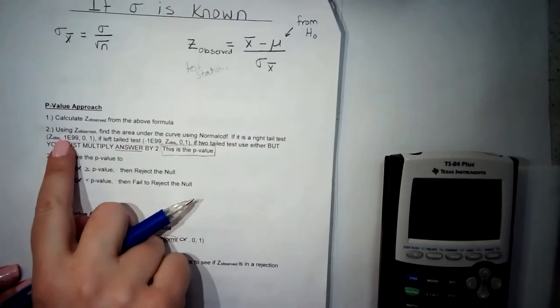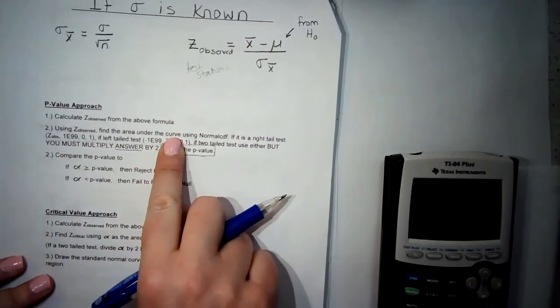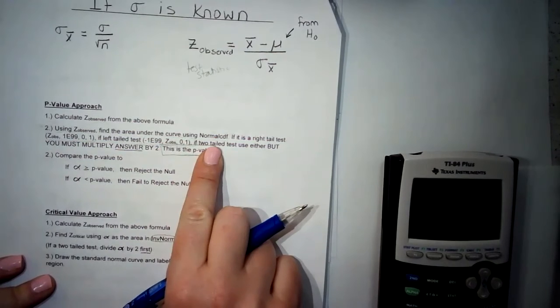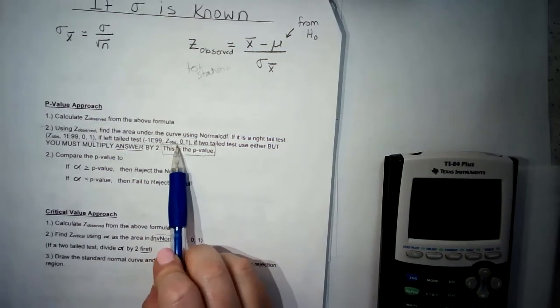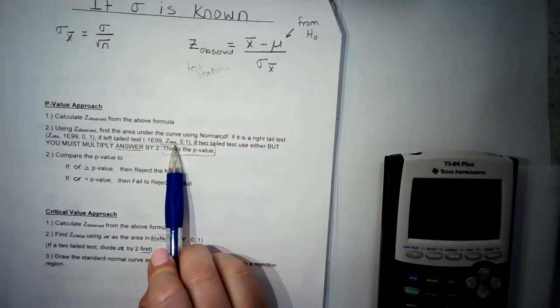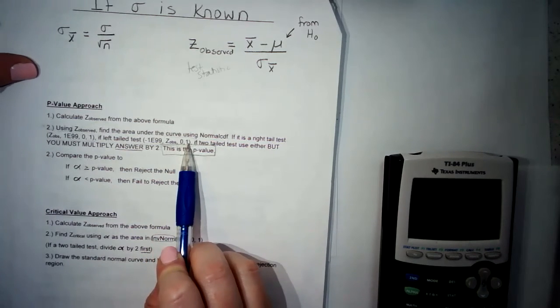Okay, second step. Using this, find your area under the curve. We're going to do normal CDF. Now remember, this is a left-tailed test. So think about a left-tailed test. Negative infinity is your lower bound. What's your upper bound going to be? Z observed. And I even wrote it on here for you in case you forget that. And 0, 1, right?